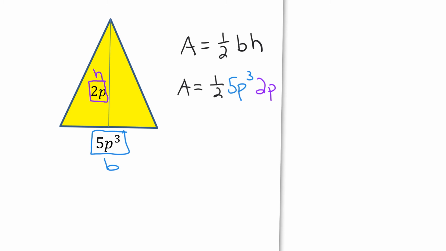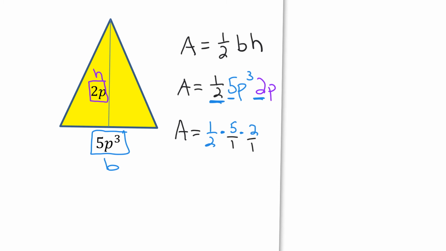So first, let's look at the coefficients. We have 3 different coefficients. So A equals, I'm going to multiply the 1/2 times the 5, times the 2. Since I have whole numbers, I'm going to turn those into fractions over 1.